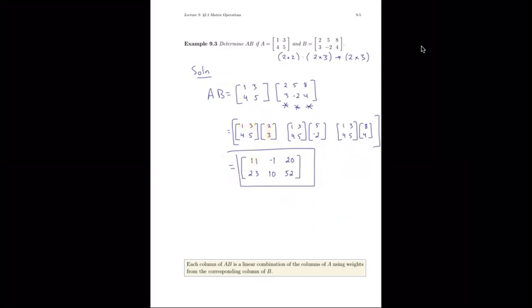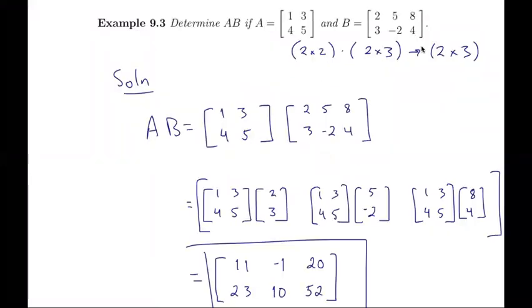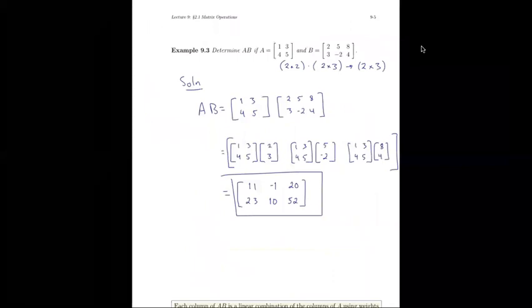Then second row, first column gives the second row, first column entry of the result. Get rid of these asterisks here, they are not useful anymore. We've got first row, second column giving us our first row, second column entry.